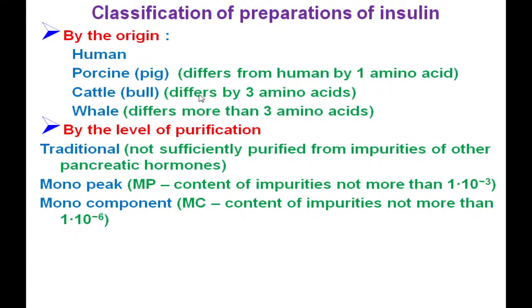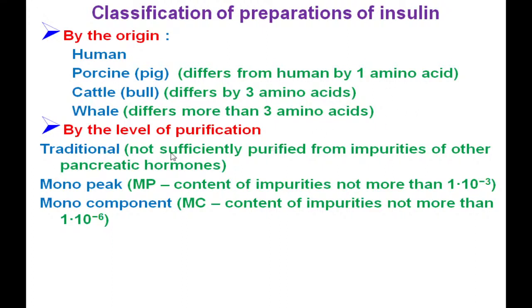Cattle differs by 3 amino acids, and whale insulin by more than 3 amino acids. Nowadays, more often we use human insulin, sometimes, very rarely, porcine insulin.